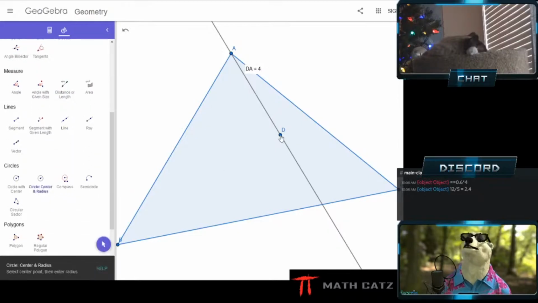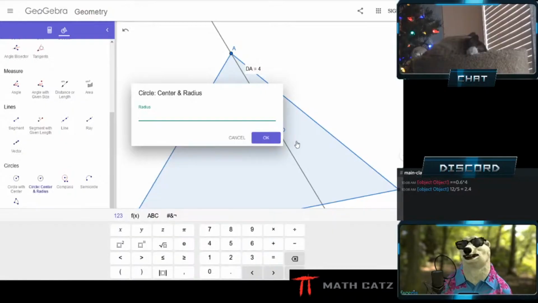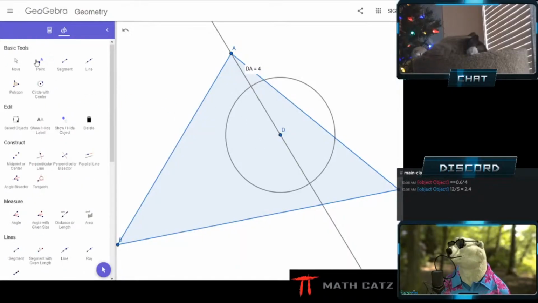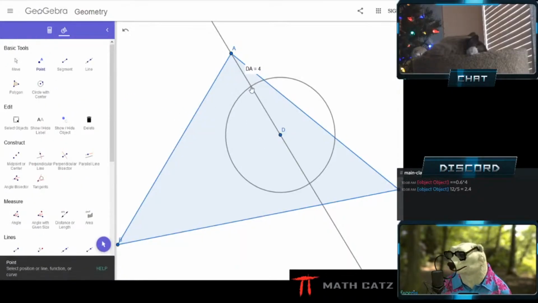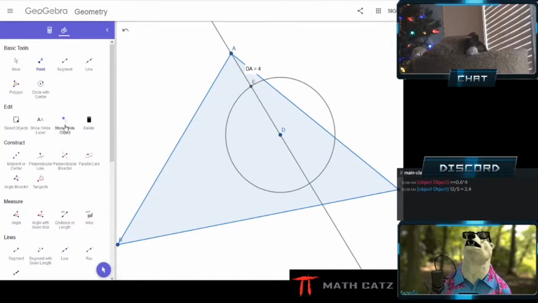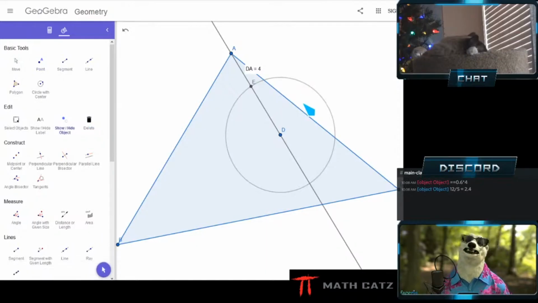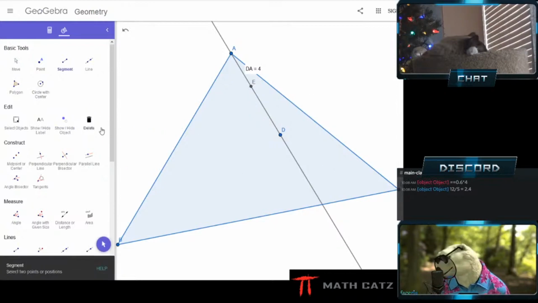I want my center to be D. What's the radius? 2.4. The circle is temporary. The point is what I'm looking for. Because I'm going to have other circles eventually that I don't want to see, maybe I don't want to see the line either, but I'll keep the line there.